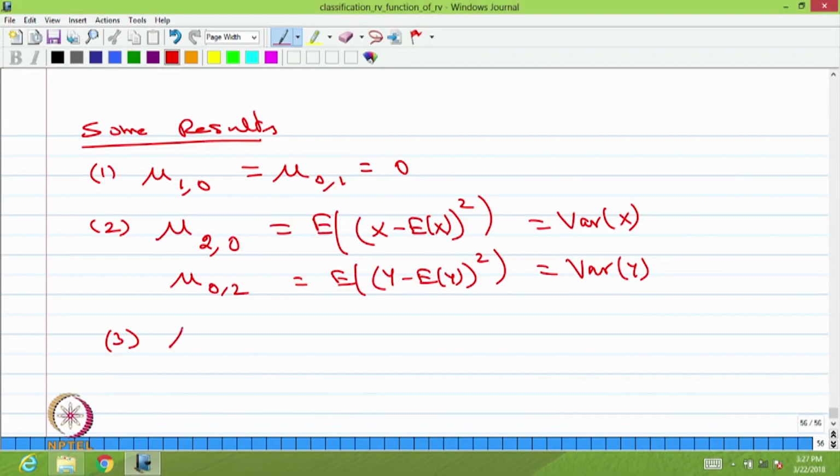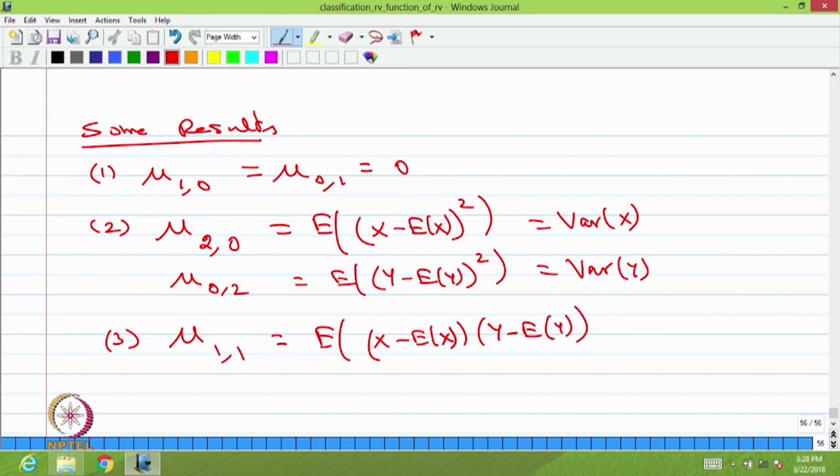As a special case, there is the next result. When i is equal to 1 and j is equal to 1, that is nothing but the expectation of (X minus expectation of X) multiplied by (Y minus expectation of Y), which has a special name.